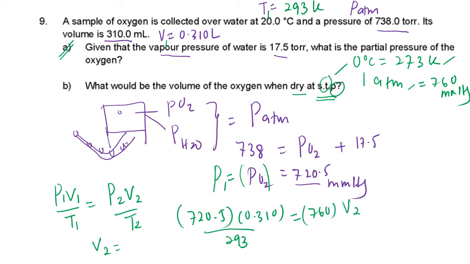Volume is the value that we need to calculate, and T2 is 273. Solve for V2. How many liter? V2 is 0.274 liter, or 274 ml.